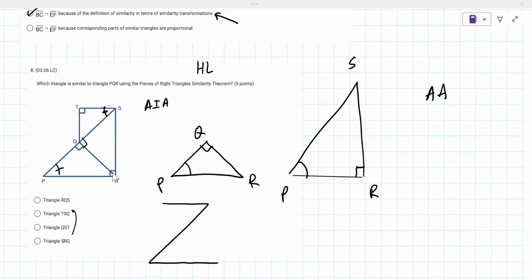Plus, it actually matches up. RQS has the right lettering to go with PQR, although it should be SQR, unless they're congruent, then it wouldn't matter. All right, let me look this up and find another example here.